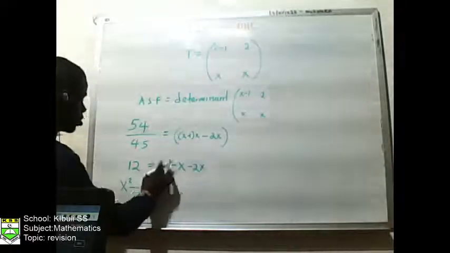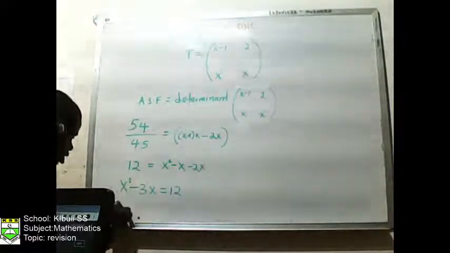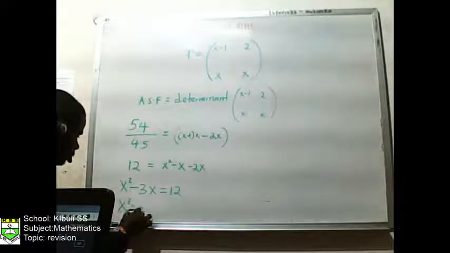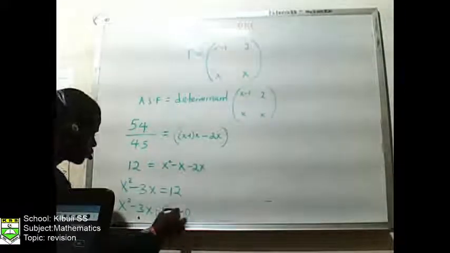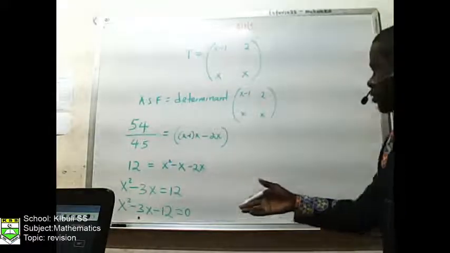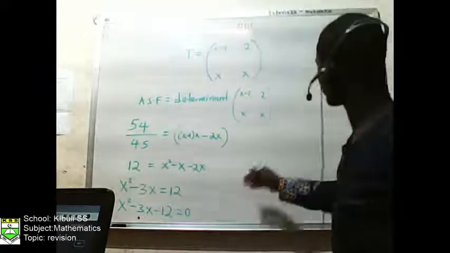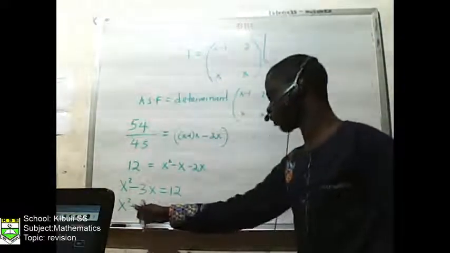Now I've started with this side, and I'm bringing in this side. So I'm going to bring this 12 this side, and it will finally be x squared minus 3x minus 12 equaling 0. Now when you look at our quadratic equation, how are you going to deal with it? You can use the factorization method.